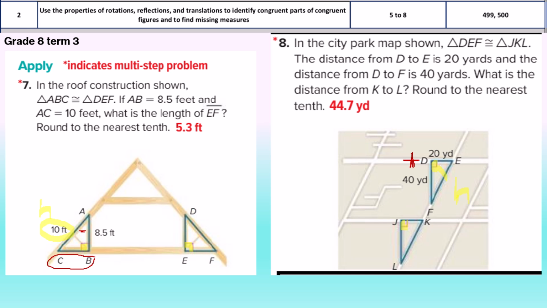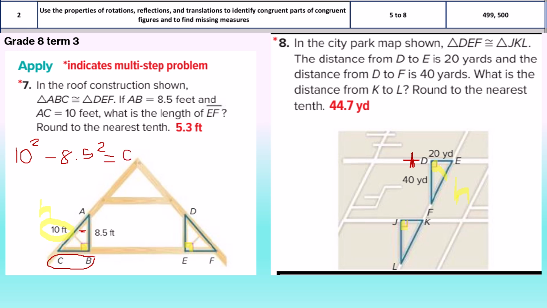Let's look at example 7. Here we have 10. We know the theorem of Pythagoras. So it will be 10 squared, subtract 8.5 squared, and it will give us the length of CB.